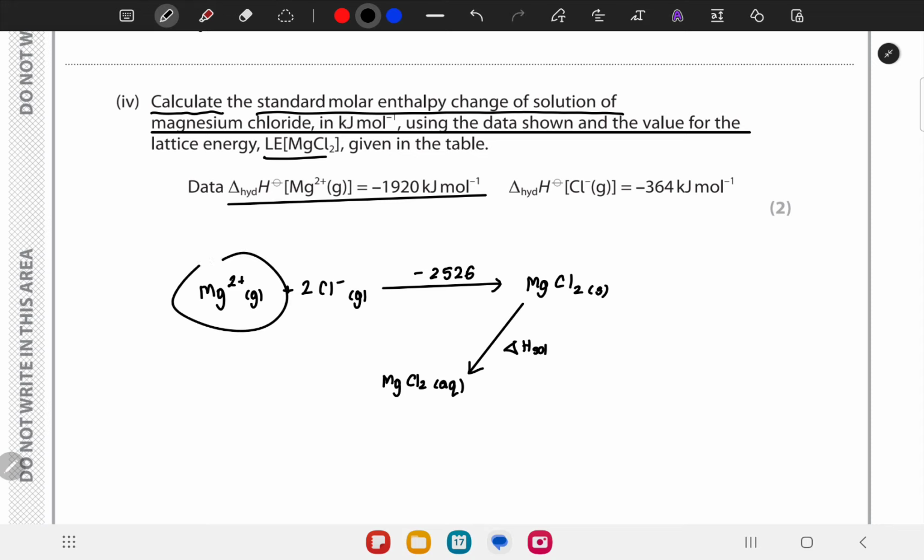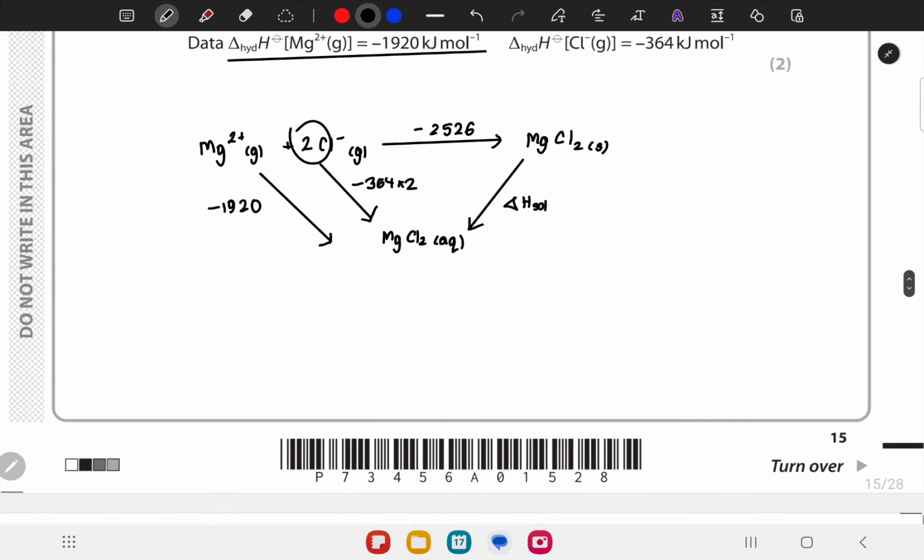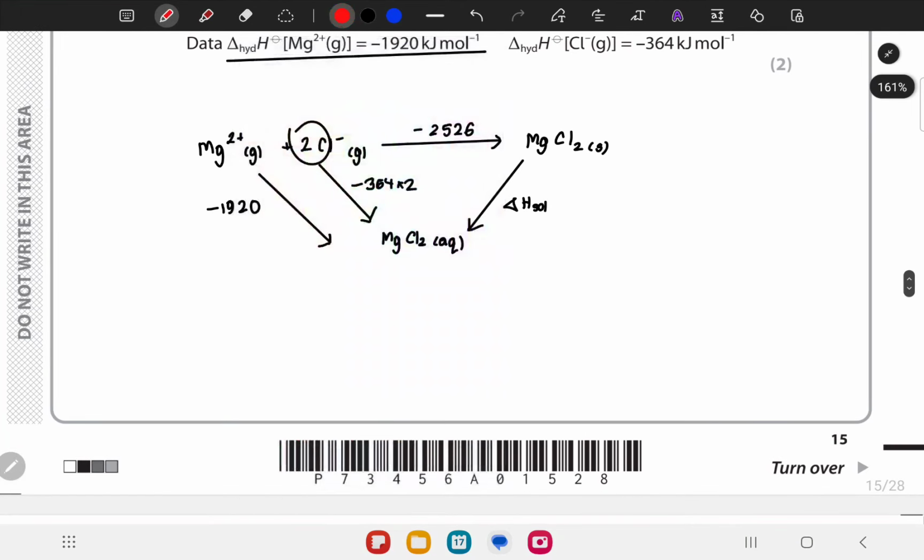Now if we go from Mg2+ and 2Cl- gas to MgCl2 aqueous, we'll have the hydration enthalpy of magnesium plus the hydration enthalpy of chlorine times 2, since there are 2 moles of chloride. So if we consider the enthalpy of solution clockwise, minus 2526, and the enthalpy of solution are in clockwise, the rest two are in anti-clockwise.